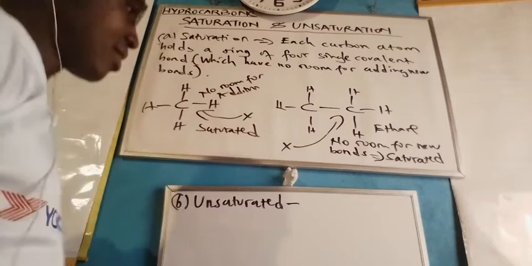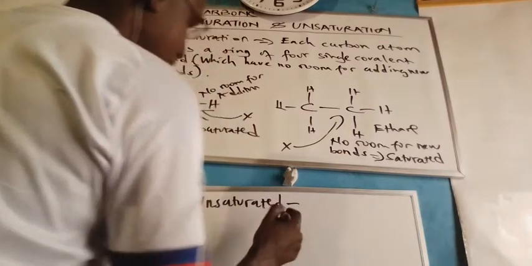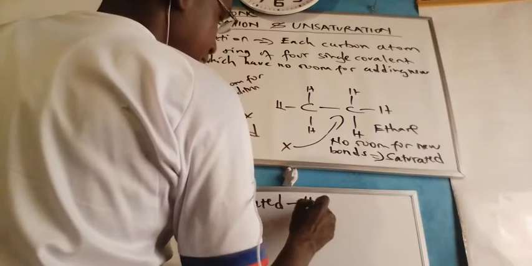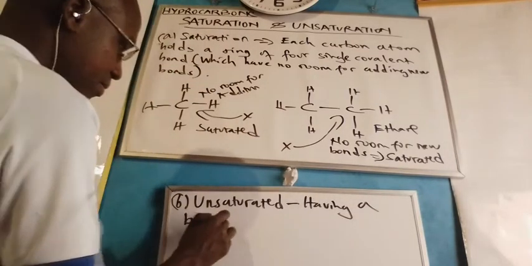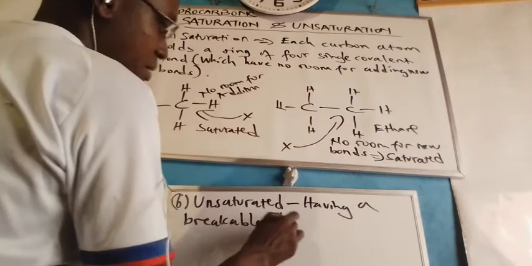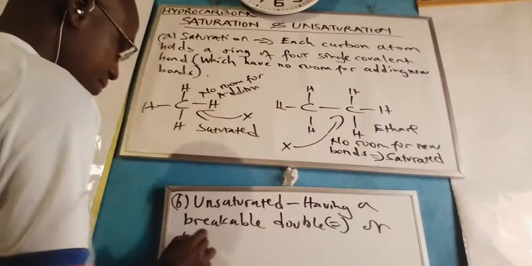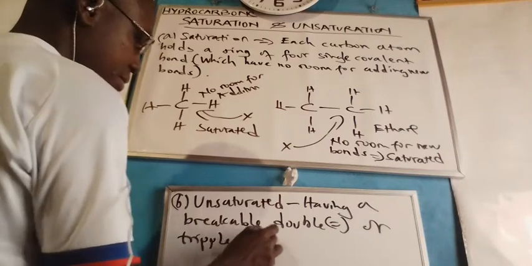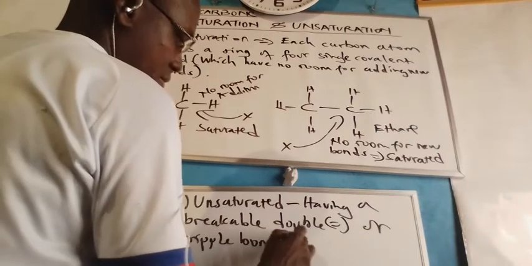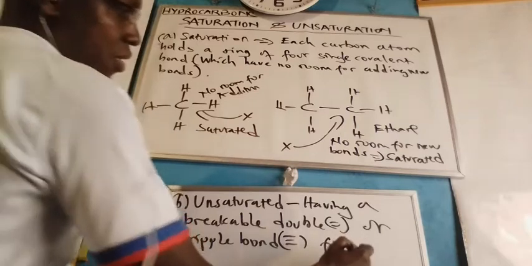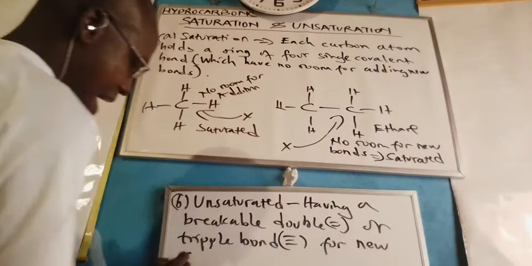In this case, we can say that unsaturated means having a breakable double or triple bond for new additions.